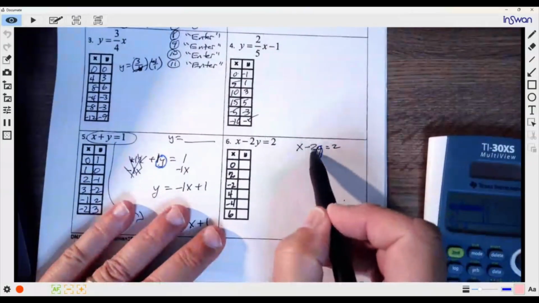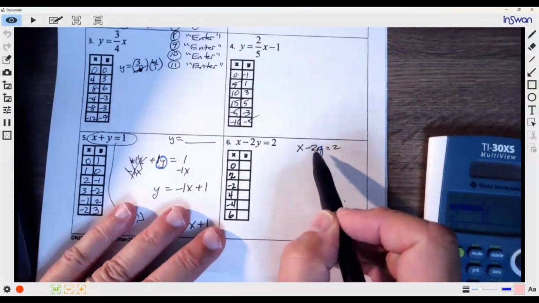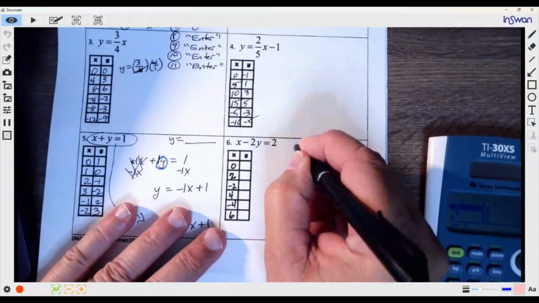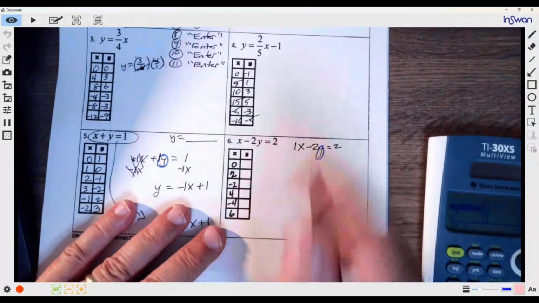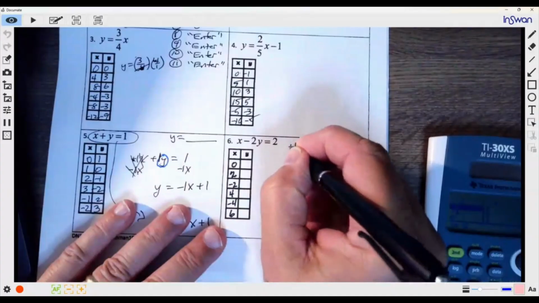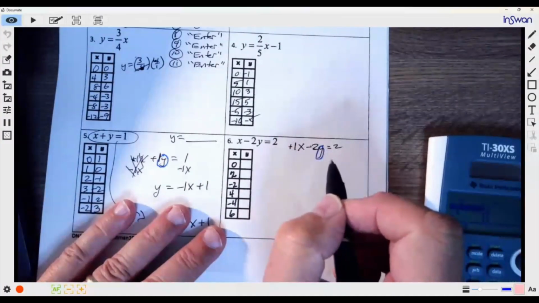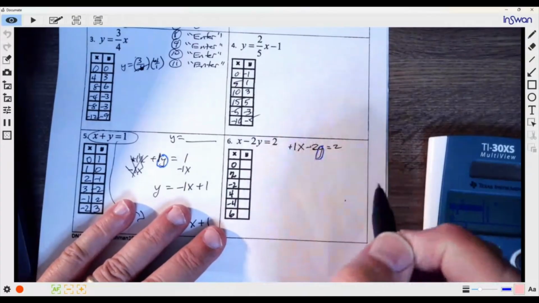There are two things over there with the y. A negative 2, and that negative 2 is written next to the variable. When a number is written next to a variable, it means multiplication. And there is a 1x. That 1x is being added to the negative 2y. It's not being subtracted. The negative 2y is being subtracted from the 1x.